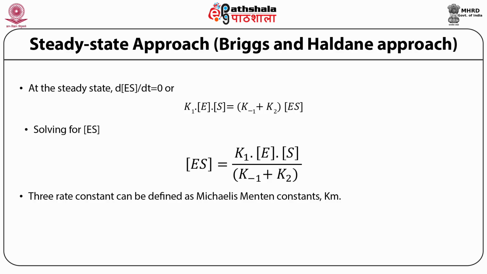So the Km is equal to the rate of breakdown constants divided by the rate of formation constant. If you compare this Km with the case of equilibrium theory, in the equilibrium theory again the Ks is equal to the rate of breakdown, that is K minus 1, divided by the rate of formation, that is K plus 1.